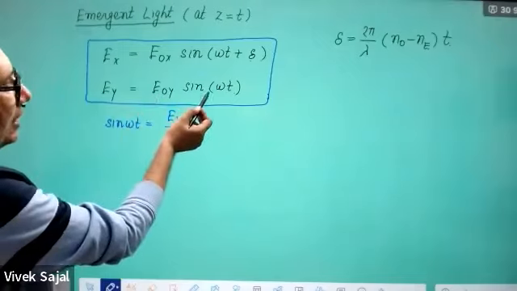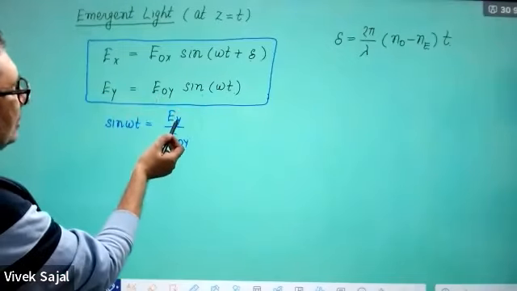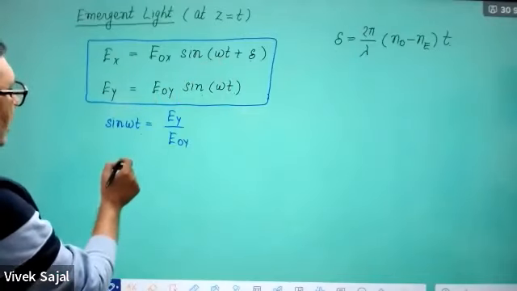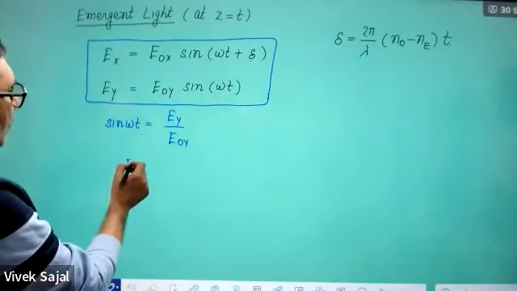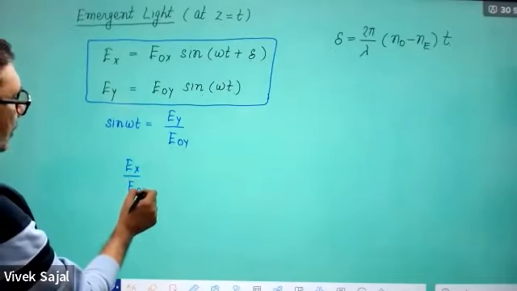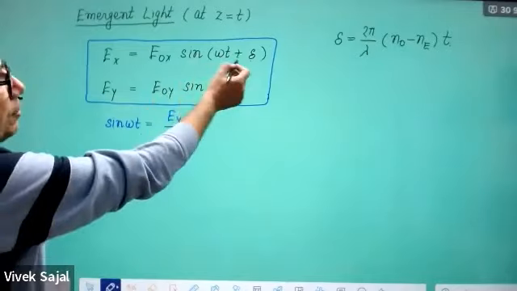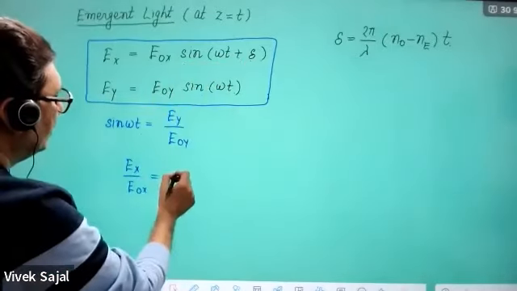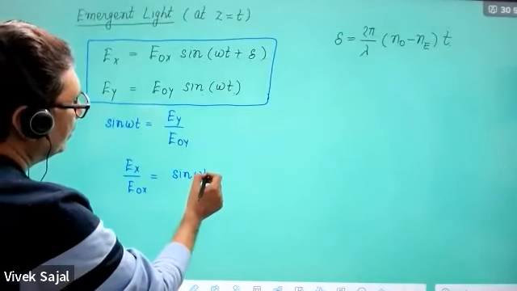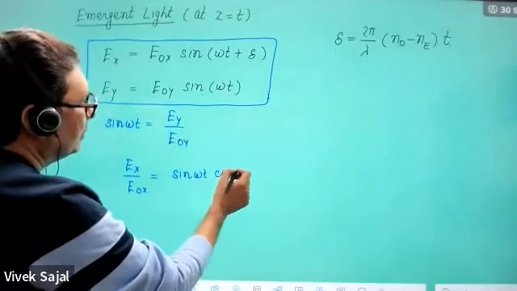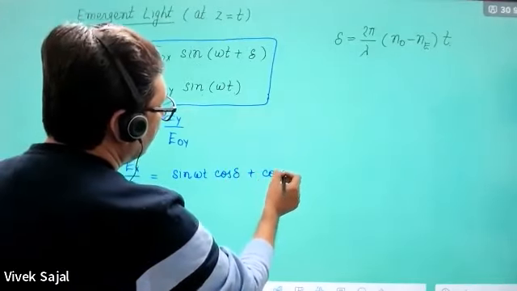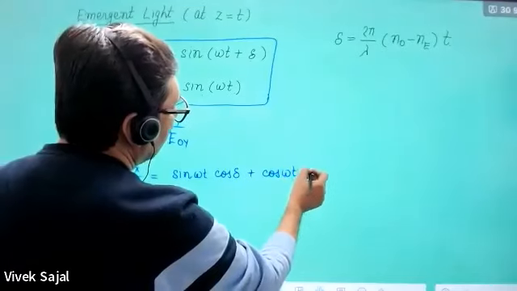So from the second equation, I write sine omega t is Ey by E naught y. From the first equation, I can write Ex upon E naught x equal to sine of omega t plus delta. So I write it as sine omega t cos delta plus cos omega t sine delta.